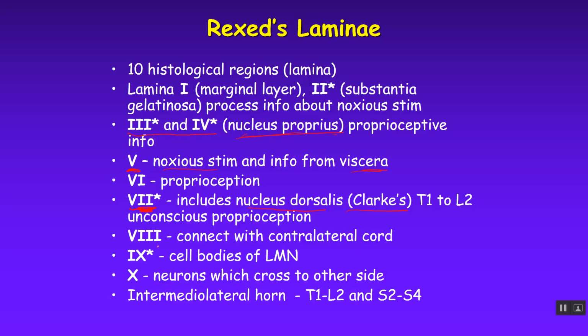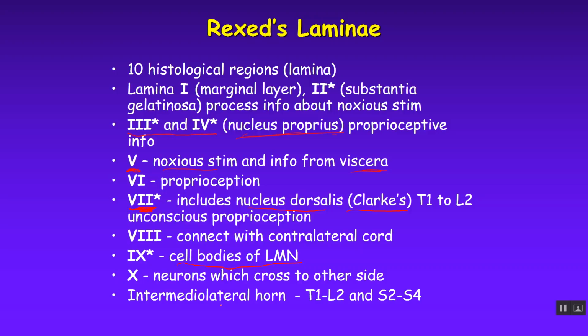In lamina number 8, you actually get some communication with interneurons that connect with the contralateral cord. You'll see where it's positioned. It is in a position that's easy to have communication with the other side. Lamina number 9, this is where the cell bodies for lower motor neurons sit. The anterior horn cells are mostly in lamina number 9. Number 10 also has neurons which cross to the other side.